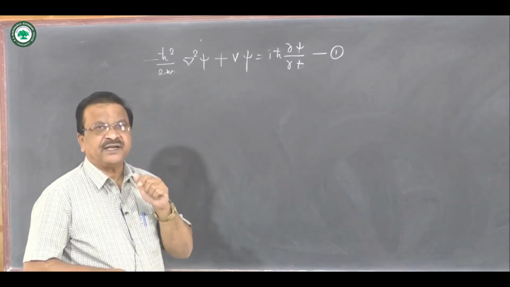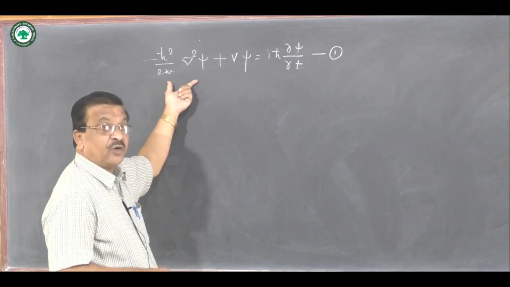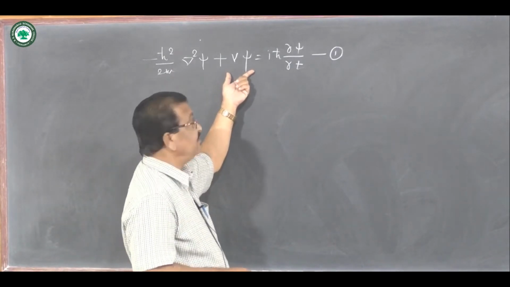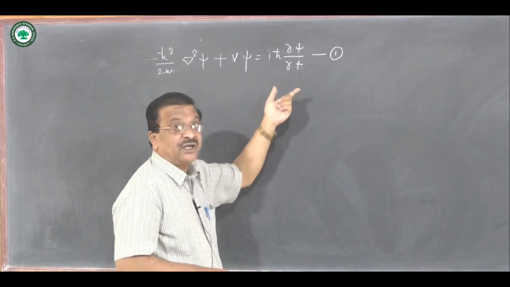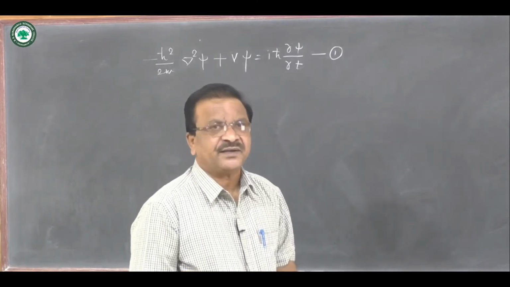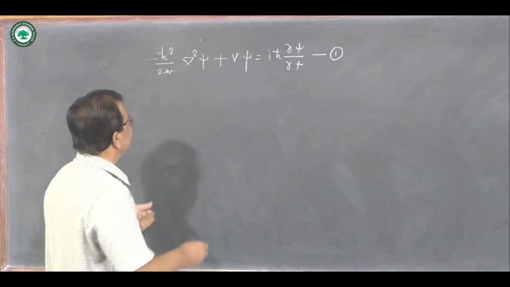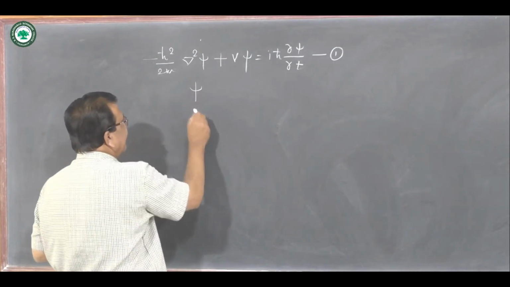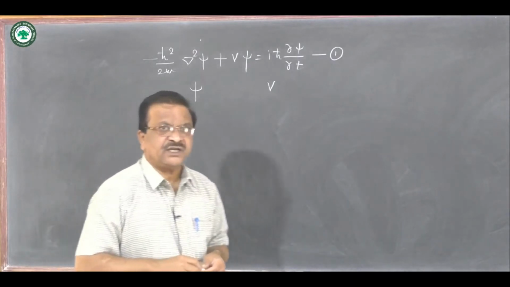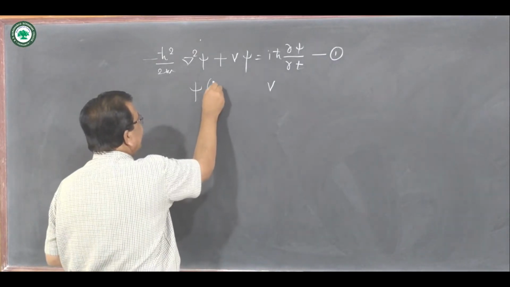But the important and crucial point is kinetic energy written in an operator form, potential energy written in an operator form, equal to total energy in an operator form, operating on state function psi. What is important in this equation is that psi and V, wave function and potential energy, both are functions of r and t.